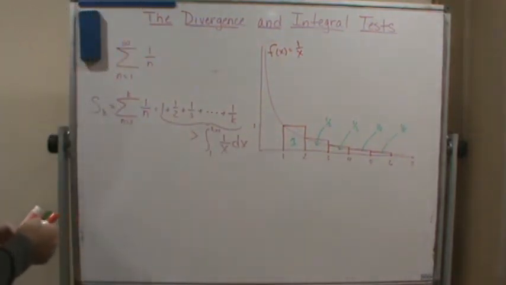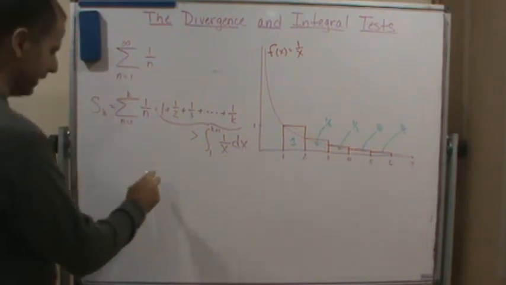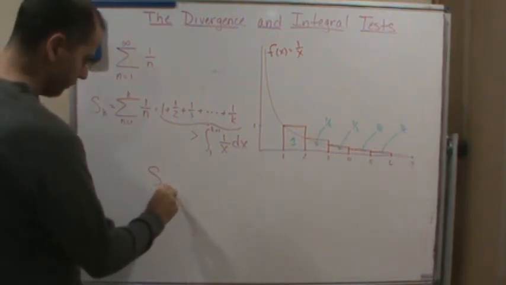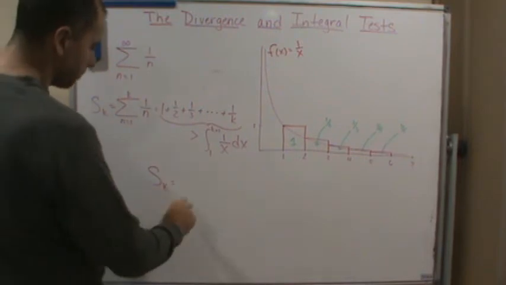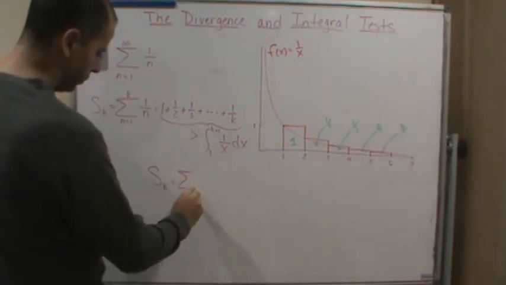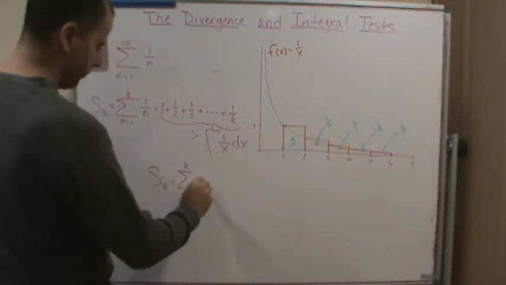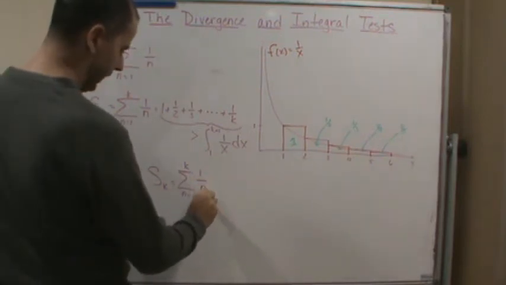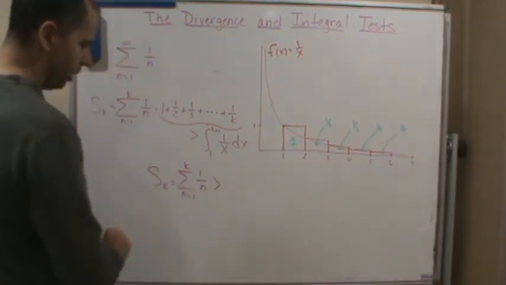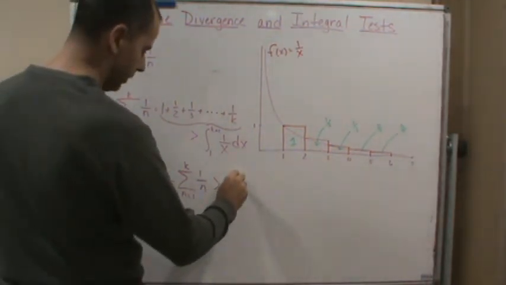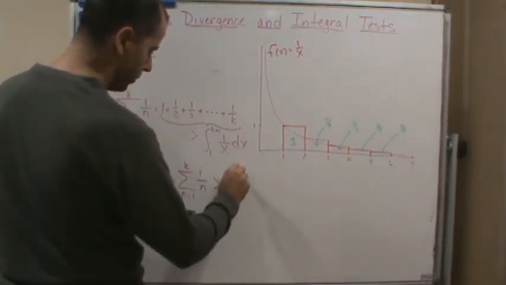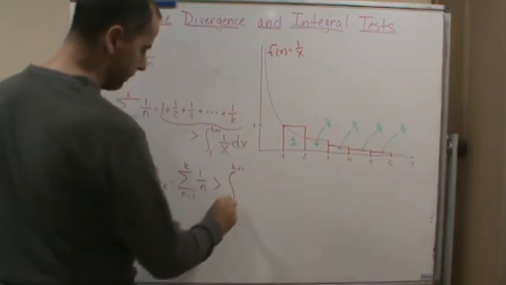Okay, so what does that mean? Well, that means S sub k, which is equal to the sum from n equals 1 to k of 1/n, is always going to be bigger than the integral from 1 to k plus 1. Why k plus 1?